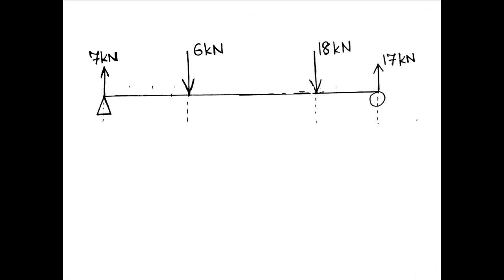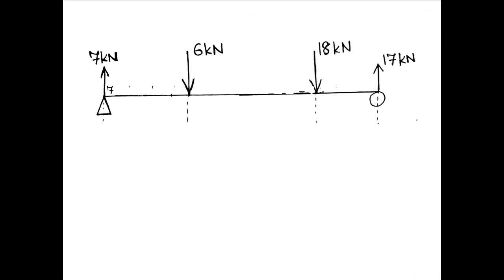Now let us draw the shear force diagram using shortcut techniques. Consider left to right movement. Upward forces positive, downward forces negative. This is a 7 kilonewton upward force, therefore plus 7.